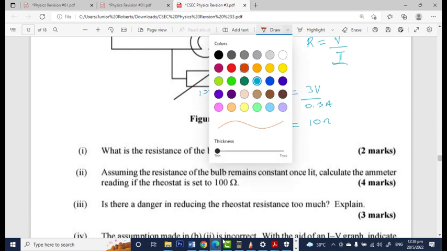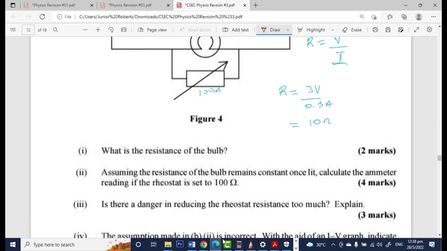Then what is he asking us to tell him? What the examiner wants to know. The resistance remains constant. And what does the examiner want to know? So calculate the ammeter reading.